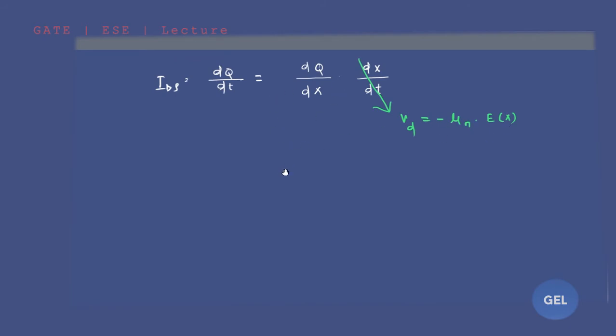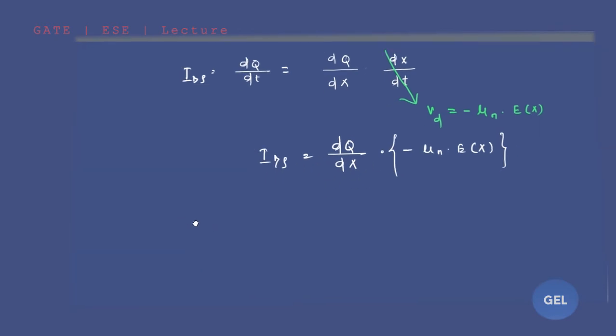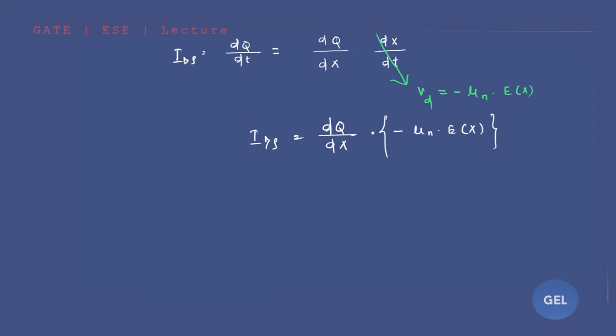So I can write down this expression, that is dQ by dx into minus mu n into Ex. Okay. Now, to find out the IDS value, I need to look for the dQ by dx value. Before getting to dQ by dx, there is another thing I'd like to share with you.